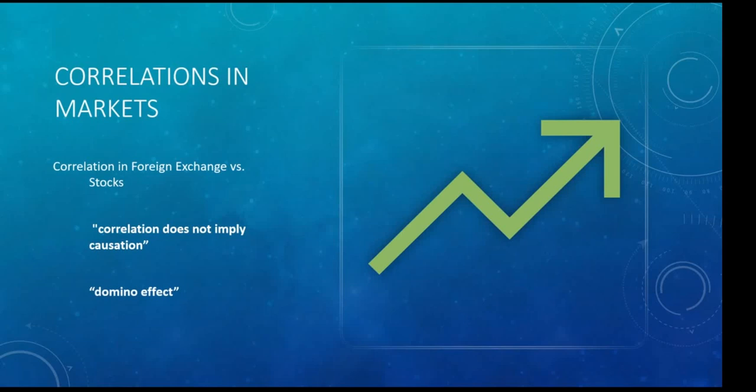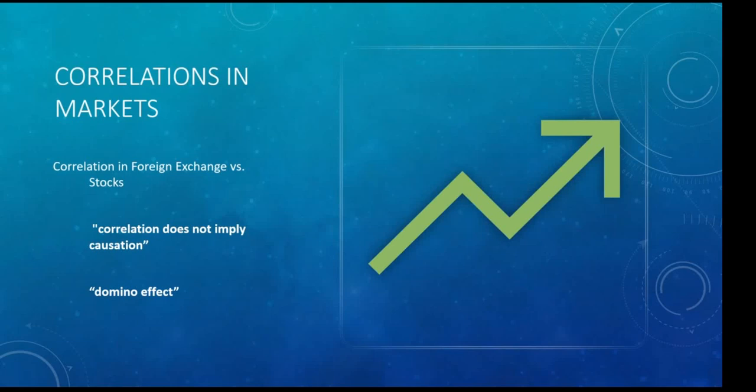Every time I get up and turn on Bloomberg, with multiple screens of charts and data, and I'm reading bank research, I look at it like, okay, I've got all these puzzle pieces, and now I have to start putting it all together, or like a domino. If one domino falls or moves, what's going to be the effect on the market? And that's where correlations really come into play, in my opinion.